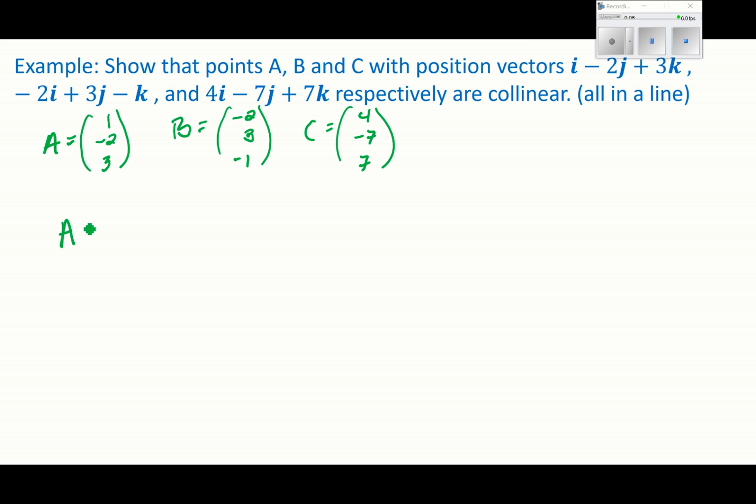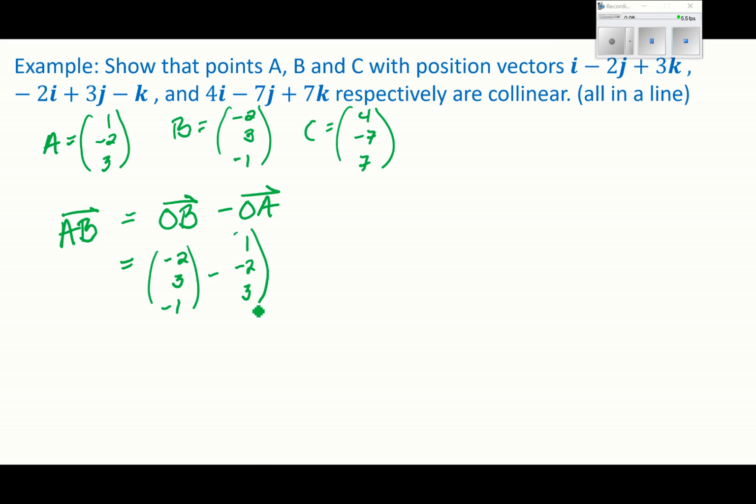We know that AB is going to be OB minus OA. So OB is going to be our vector B because that's based off the origin. So this is (-2, 3, -1) minus OA, (1, -2, 3).